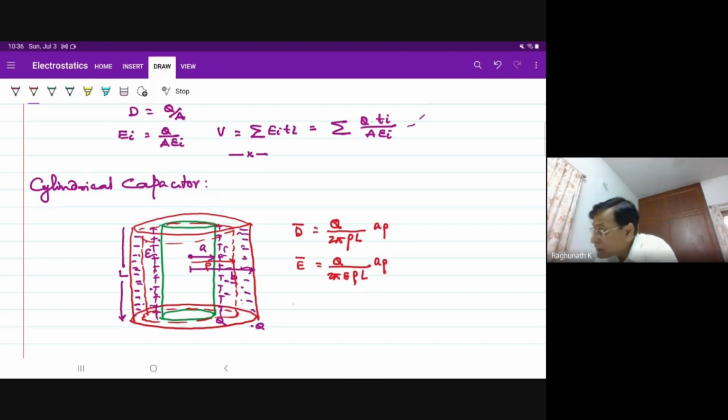The potential difference V between these two cylinders is equal to what? Minus integral B to A, because I need to principally work against the field force.